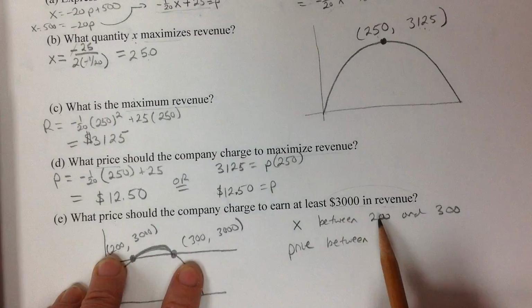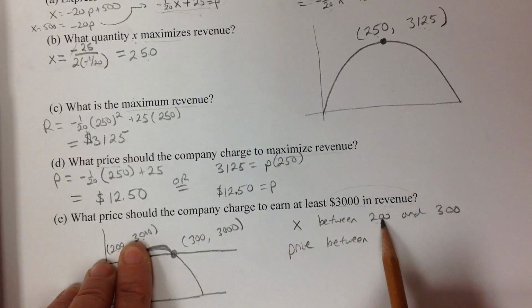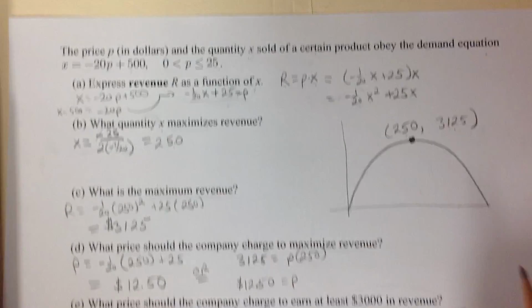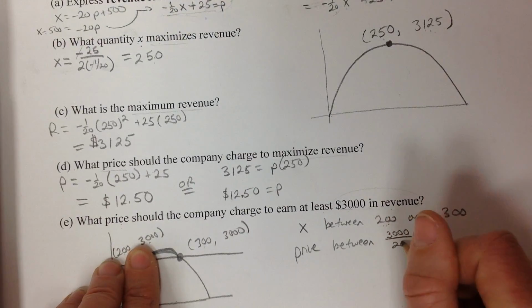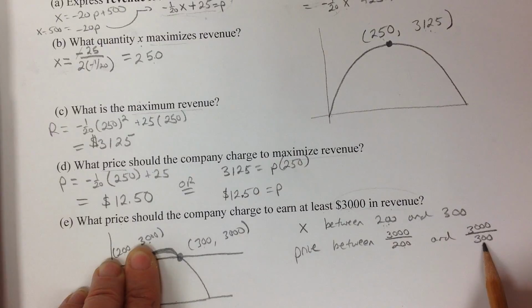So price between, now here again I have a couple of options. I have the number of things I'm selling and the revenue, 3,000. So I could just use the equation R equal P times X and do division. The price is going to be 3,000, the revenue, divided by 200. And then for the other one, the revenue 3,000 divided by the quantity X, 300.